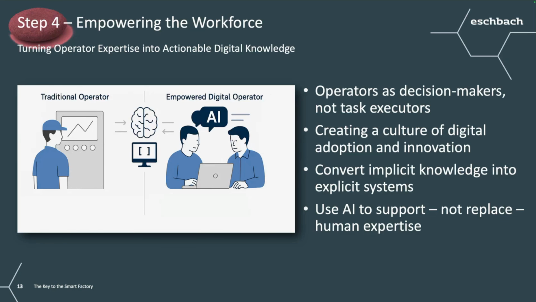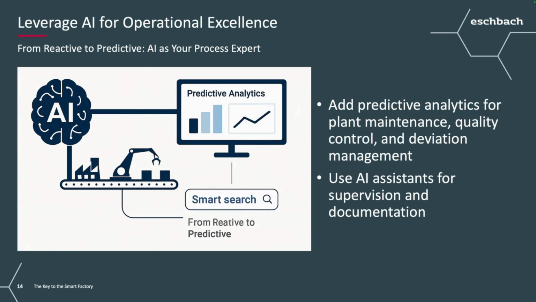There's a lot of talk about AI and the use of AI. So what we believe is that if you use AI as a companion and a co-worker, for example, for your operators, then AI can become a great help as a supporting process expert that helps operators, for example, with predictive analytics in maintenance, quality control, deviation management.